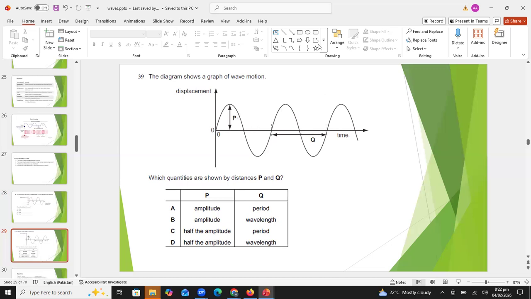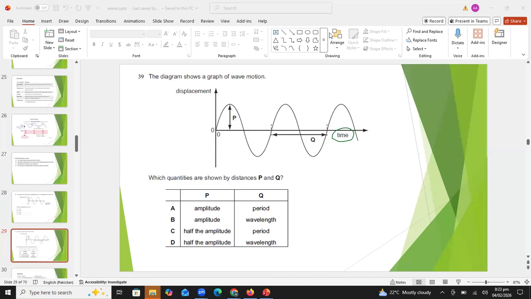We cannot measure the wavelength, because time will give us the time period of one cycle. If the distance is given on the x-axis, then we are able to calculate the wavelength. So in this graph, Q is representing the time period, not a wavelength, because they have given us the time on the x-axis.